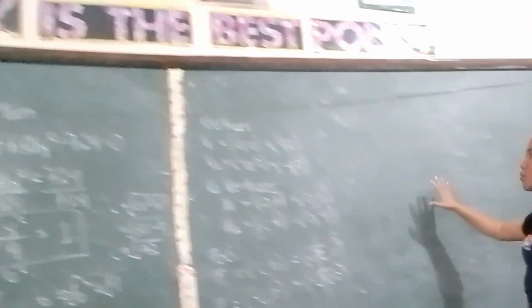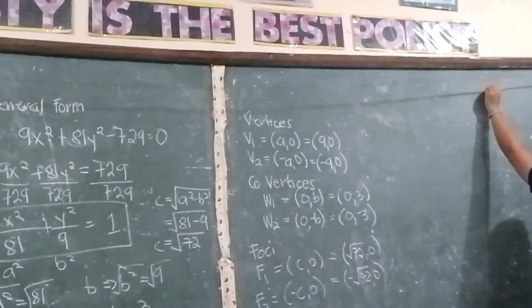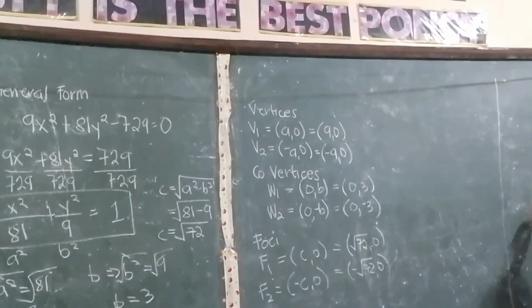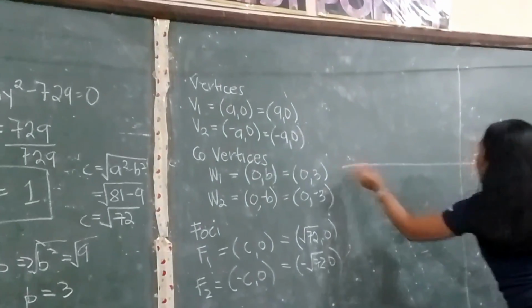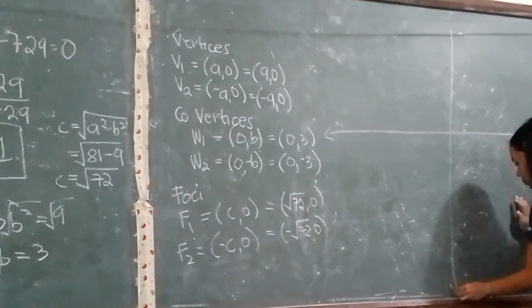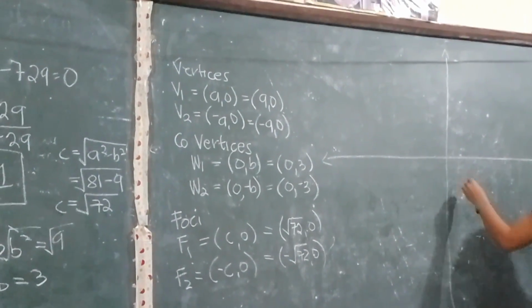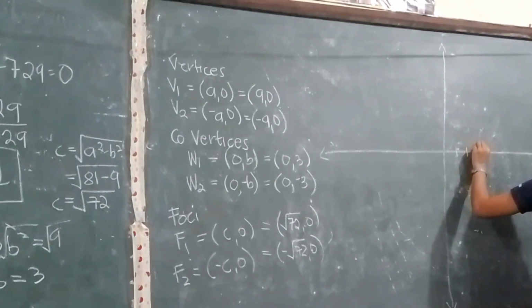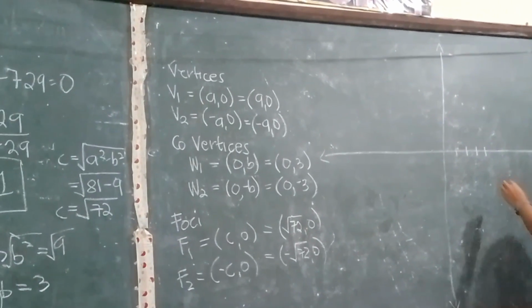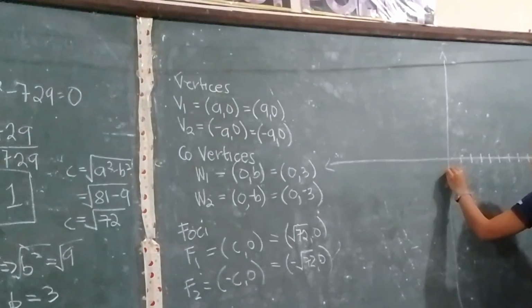Okay, since we have these coordinates, we can now plot it in our graph. We have 1, 2, 3, 4, 5, 6, 7, 8, 9.